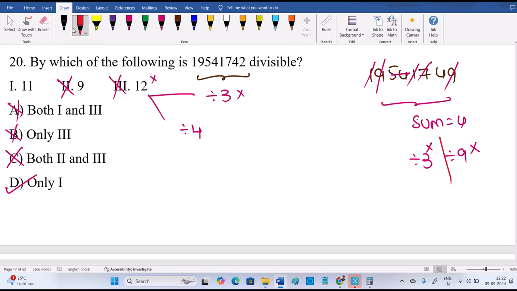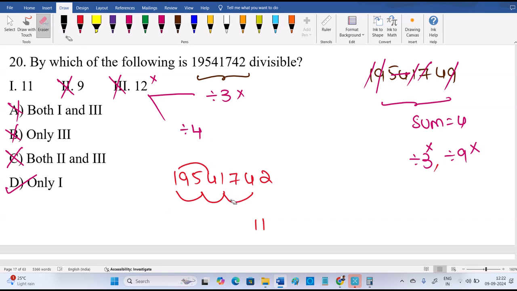Right, divided by 11 is yet to be checked. So how to check divided by 11, sir? Take the sum of alternate digits and the sum of the remaining digits. 1 plus 5 plus 1 plus 4, which is nothing but 11. 9 plus 4 plus 7 plus 2, 13, 20, 22.